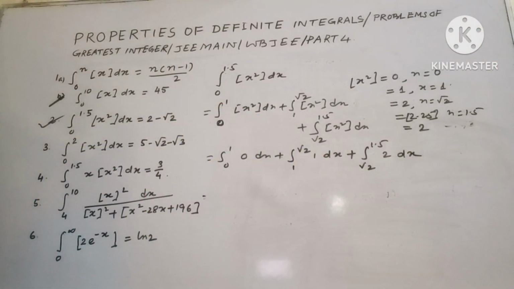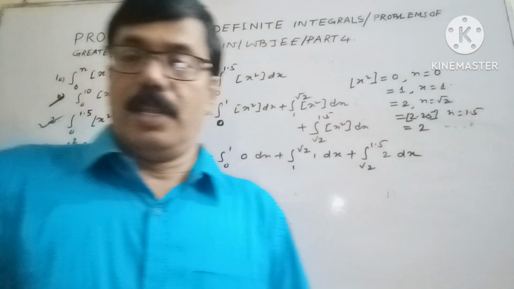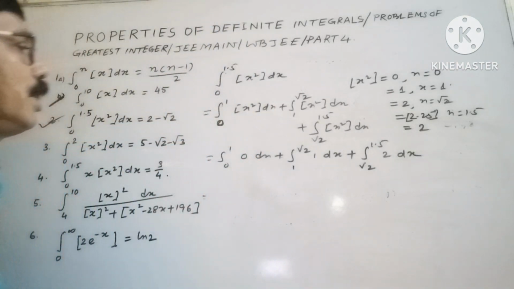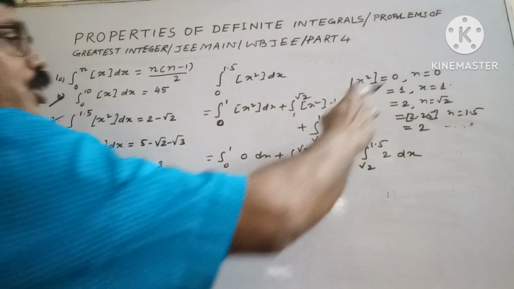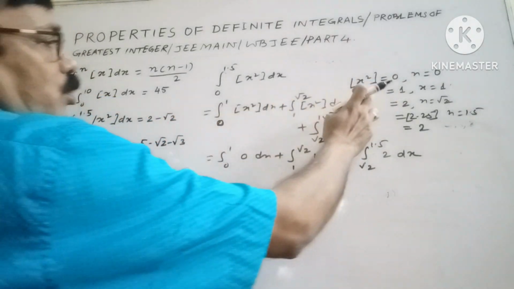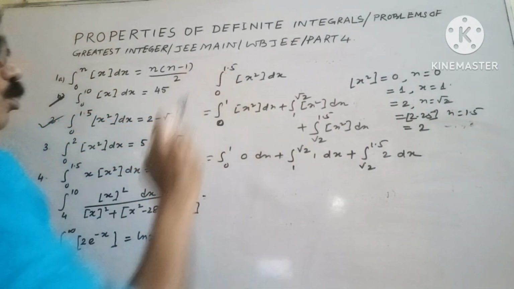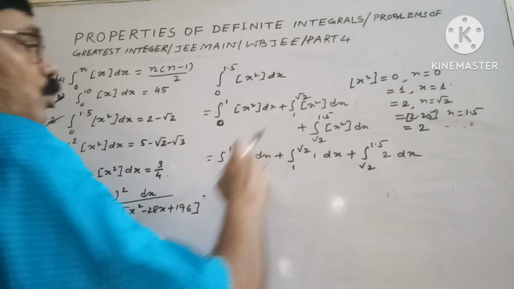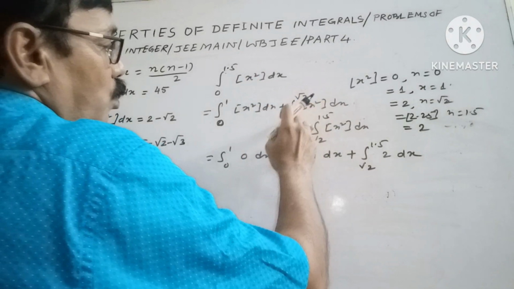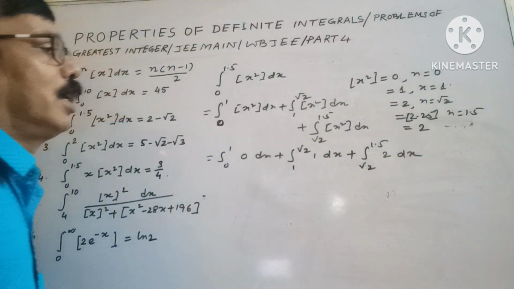Now listen again. You have to take the integer value of x square. So 0 square is 0, 1 square is 1, so 0 to 1. Then the next integer is 2, so root 2 square is 2, so 1 to root 2.